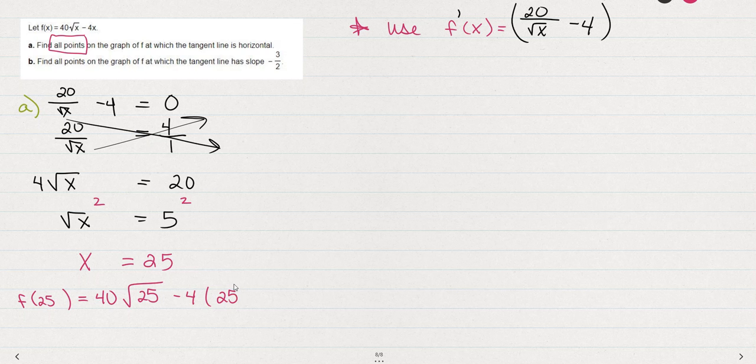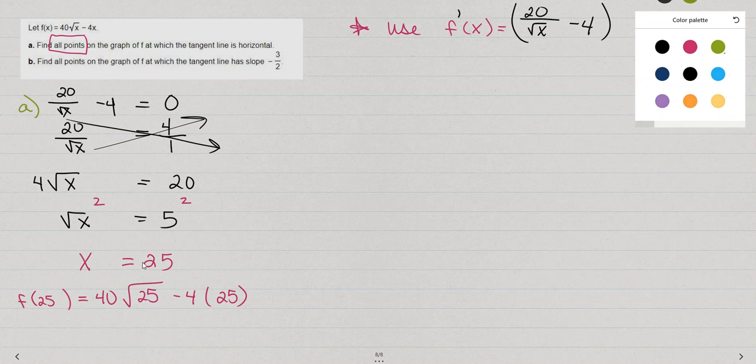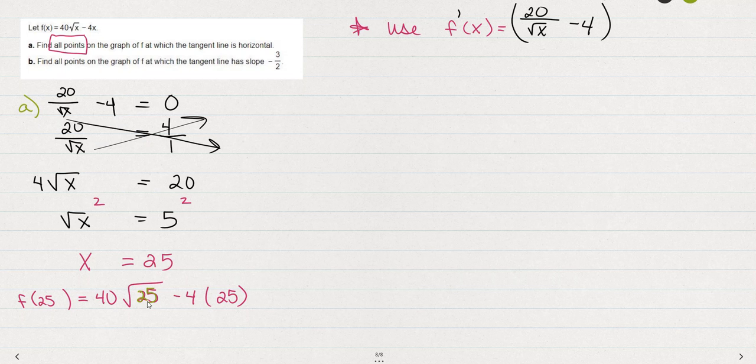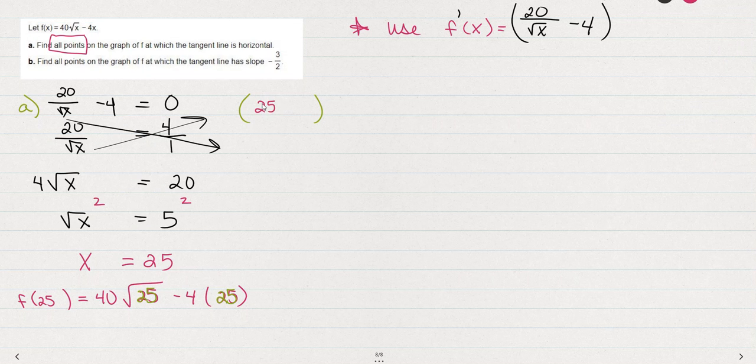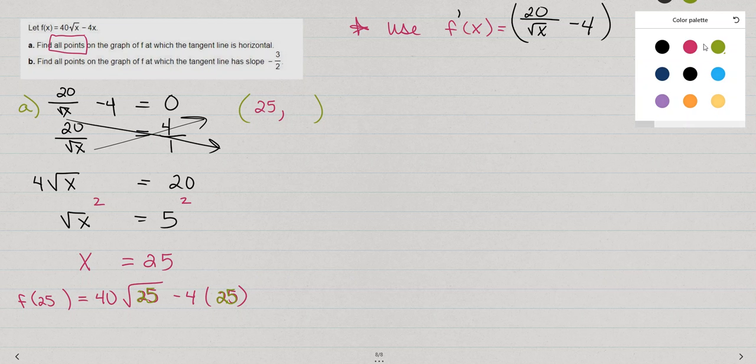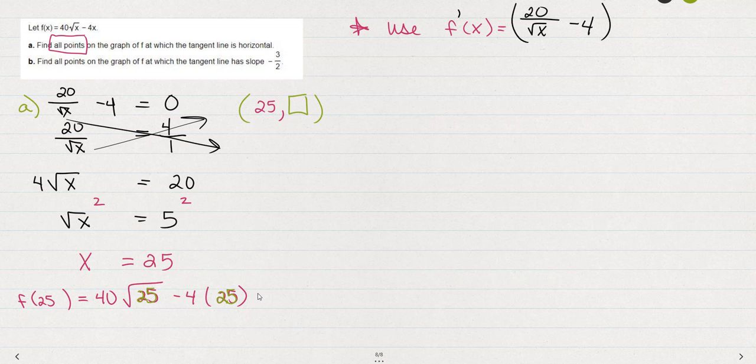So if I do the square root of 25, that's 5, minus 4 times 25, so minus 100. 40 times 5 minus 100 will give us the y. So our point will be x equals 25, and then whatever we get for y down here. I'm going to leave that arithmetic part to you. Let's go on to part B.